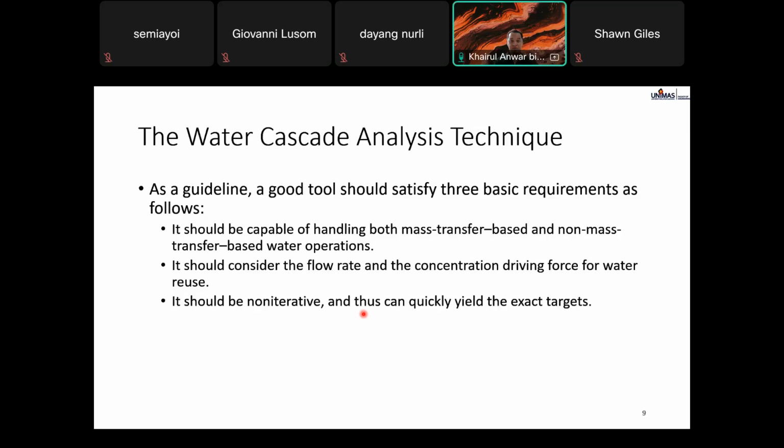A good tool should satisfy three basic requirements. It should be capable of handling both mass-transfer-based and non-mass-transfer-based operations. It should consider the flow rate and the concentration driving force for water use. And it should be non-iterative, thus it can quickly yield the exact target.